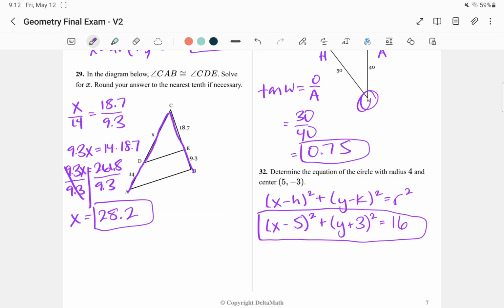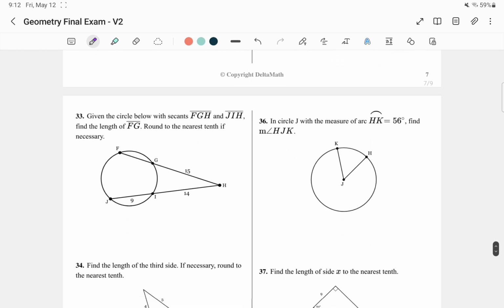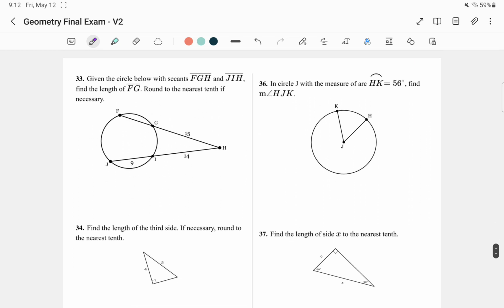All right, let's go to number 33. This is the one where, if it's intersecting outside, part of it is inside and part of it is outside, we're trying to find FG. We multiply our outside part, which is 15, times the entire thing, which is x plus 15.